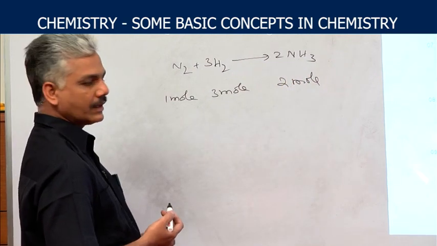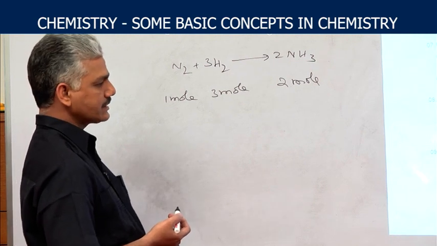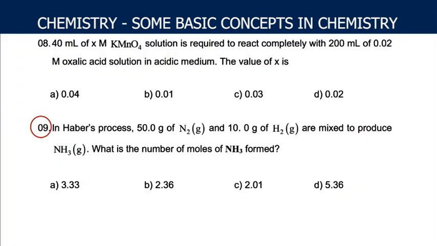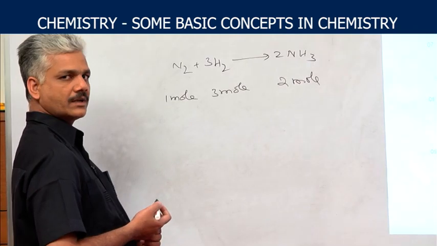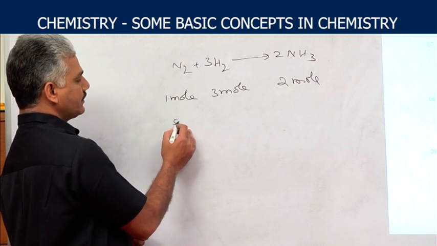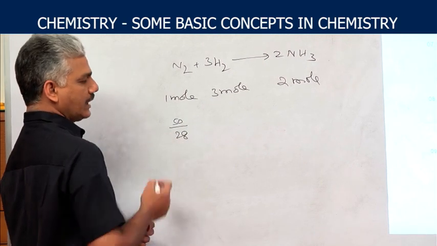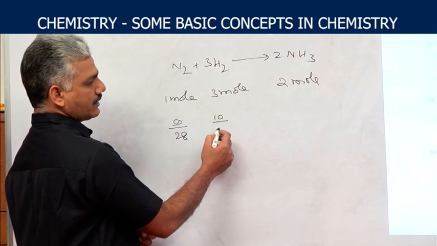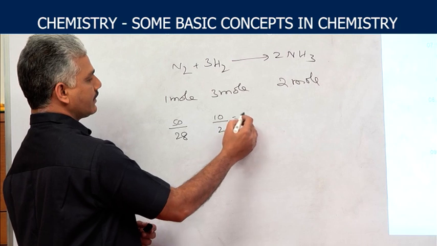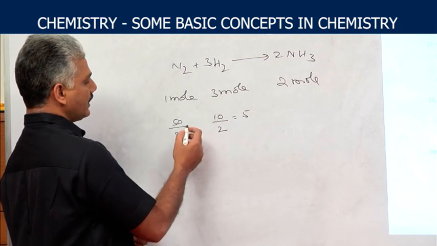Now, the data available in the problem says 50 grams of nitrogen is made to react with 10 grams of hydrogen. 50 grams in terms of number of moles comes out to 50 by 28, and hydrogen 10 by 2, that is 5 moles of hydrogen is available.